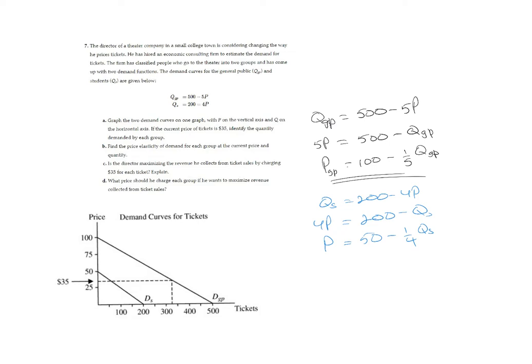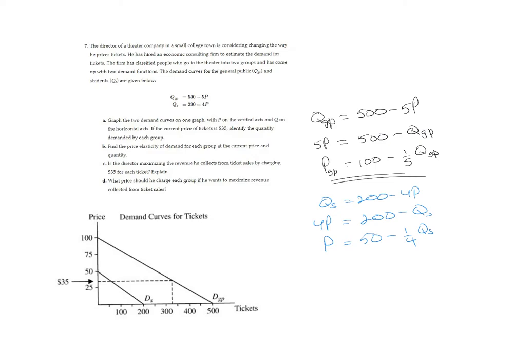And then for students, the demand curve starts at a price of 50, which is this. So this is our price of 50. And then we can plug in when price is 0, this will be 200, which we could have gotten from our equation also. When price is 0, Q is 200. And that's what the x-intercept for the demand function for students is.